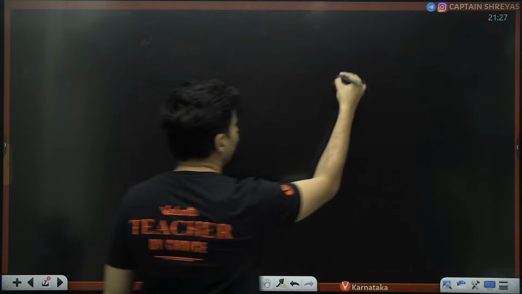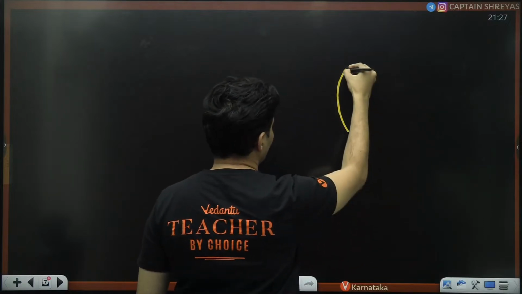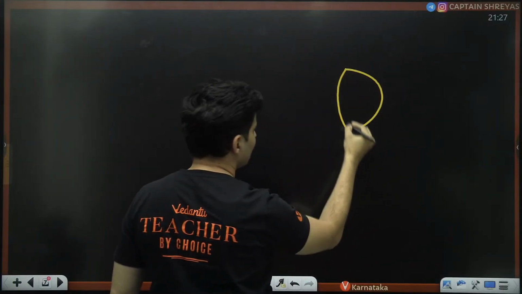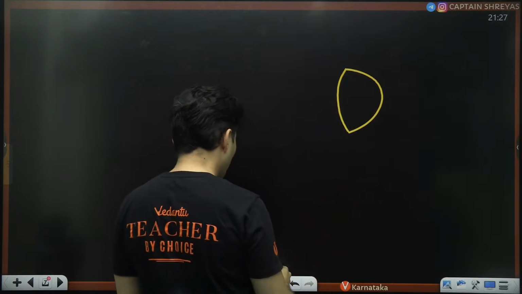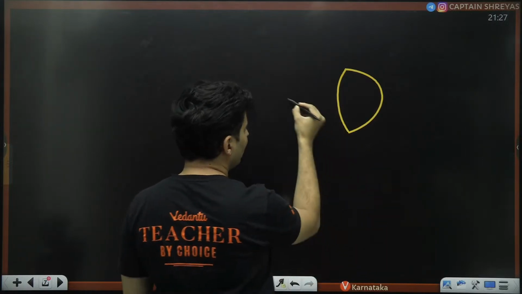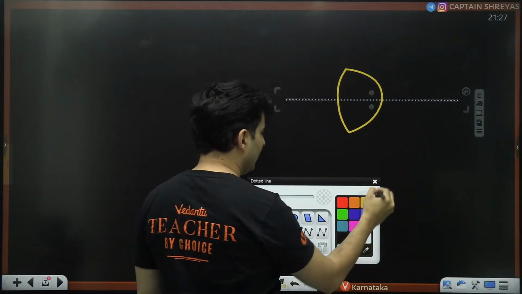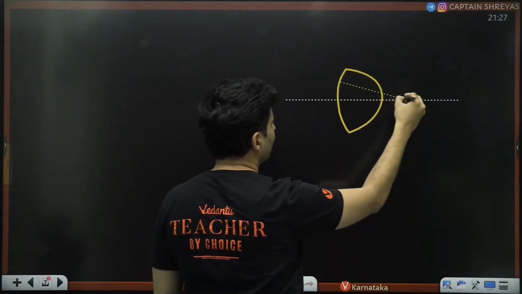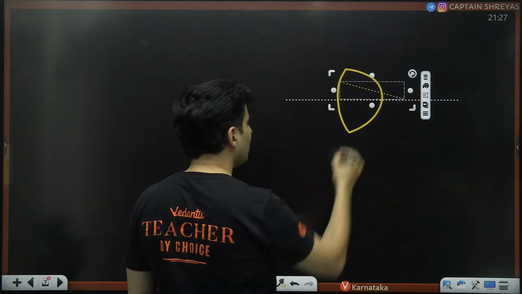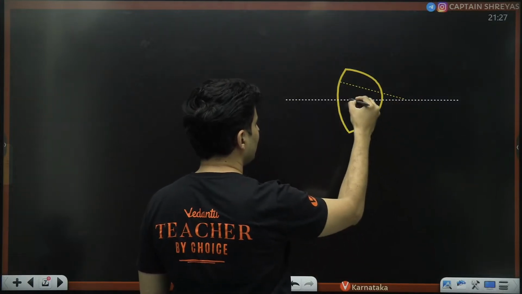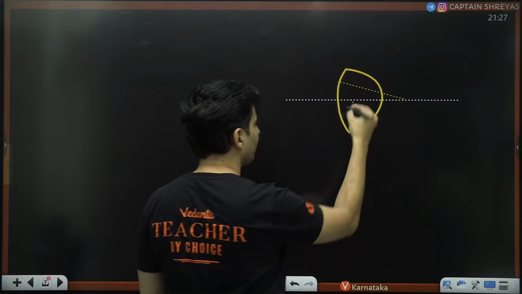So if you have this as the first surface, this as the second surface, it could be equal, it could be not equal. Who knows, right? So I'm just showing two random unequal surfaces. Let's say this is the radius of curvature of the first surface, and this is the radius of curvature of the second surface.